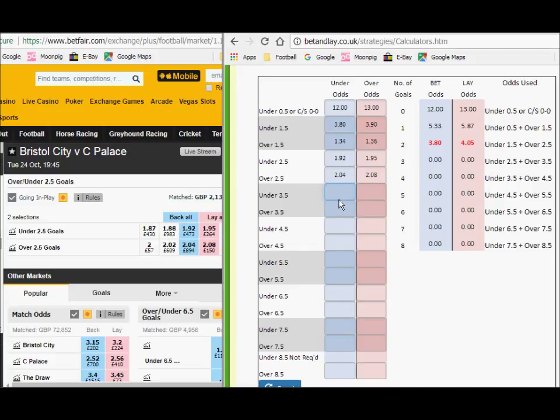I'll carry on and put some more odds in, and then we've already got some odds appearing there for exact goals with the favourite odds lit up in red.